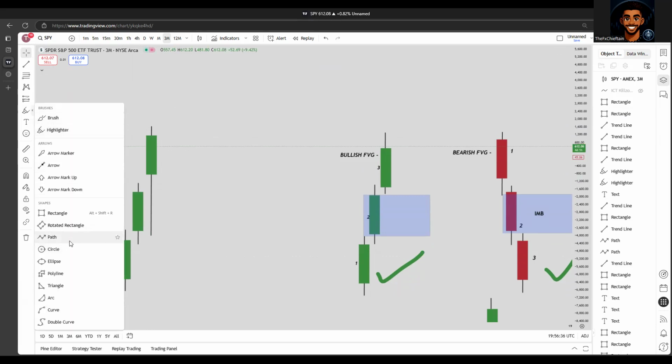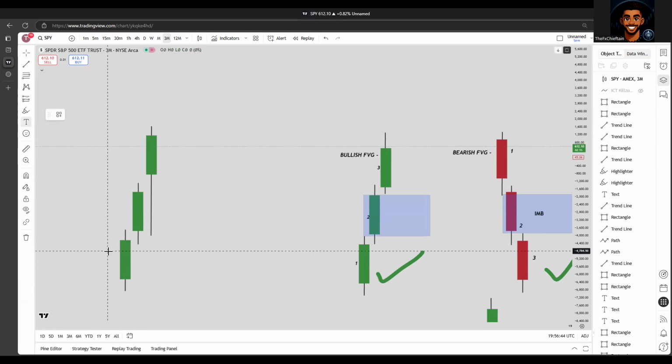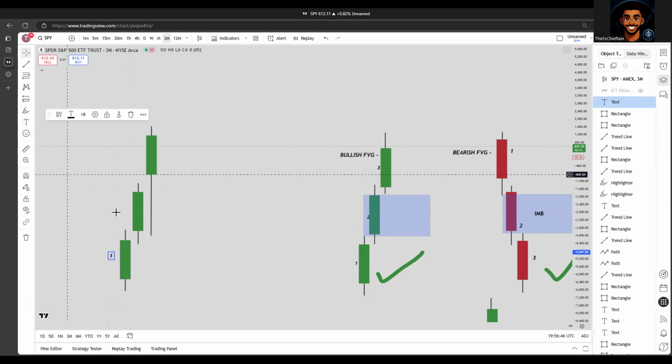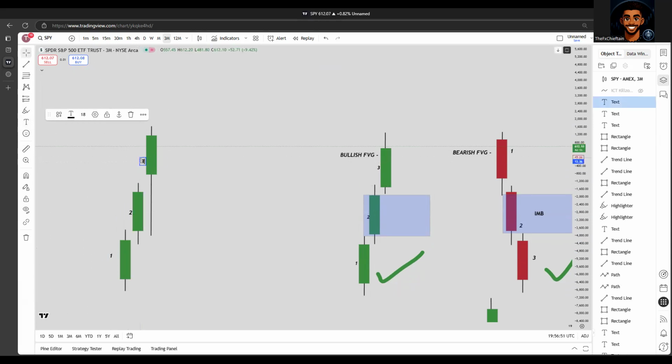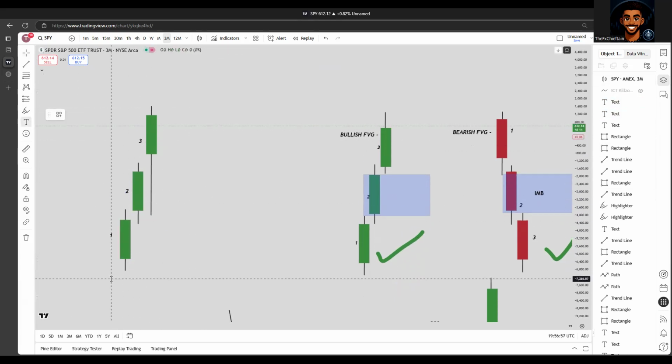It means that price has been efficient here, and there's no inefficiency in the market. Price has 100% closed, and there is no interesting area for anyone to want to trade. We see this happen a lot. I'm not going to do the bearish version, I'm just going to do this one for us.